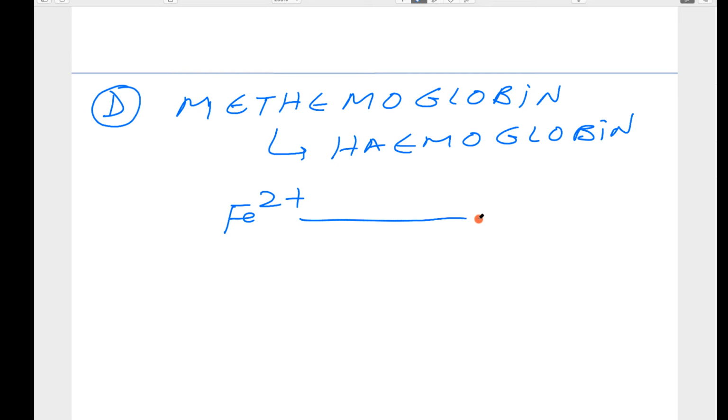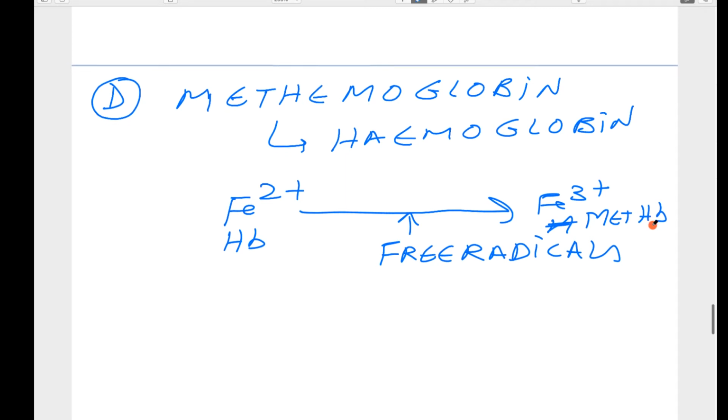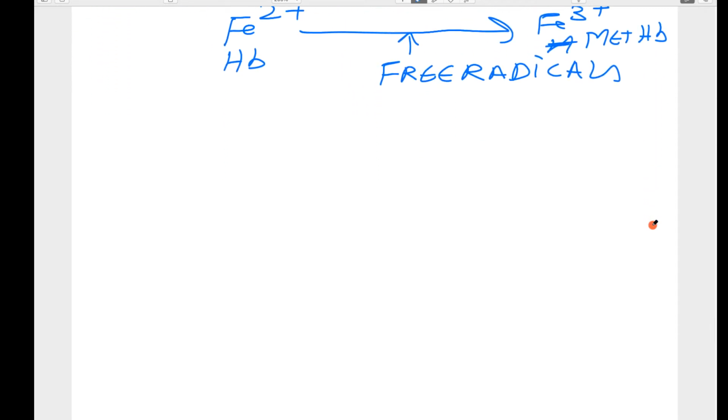In the presence of oxidants or free radicals, it is converted to Fe3 plus. This is methemoglobin. Methemoglobin has Fe3 plus present, so it cannot bind oxygen and cannot transport it.